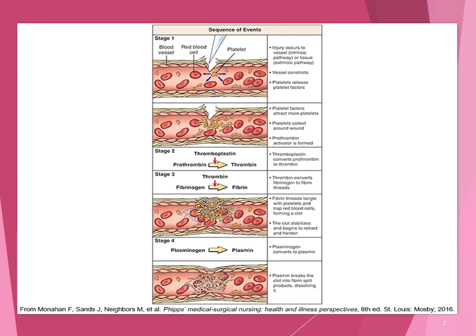Prothrombin activator is also formed. That thromboplastin initiates prothrombin. Prothrombin initiates thrombin. Say this 10 times. Thrombin to fibrinogen and fibrinogen to fibrin.